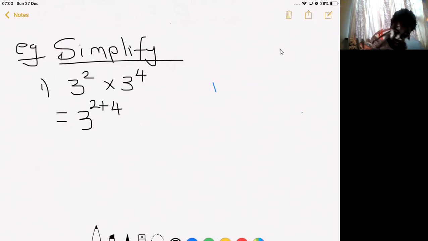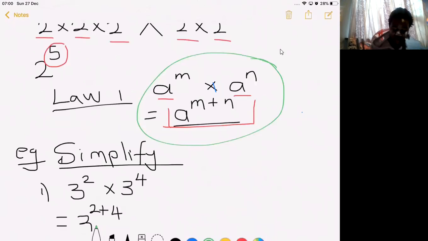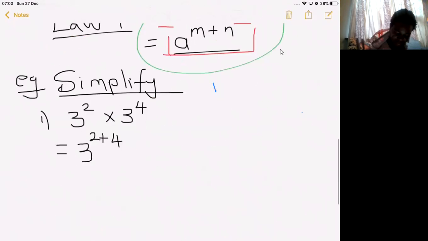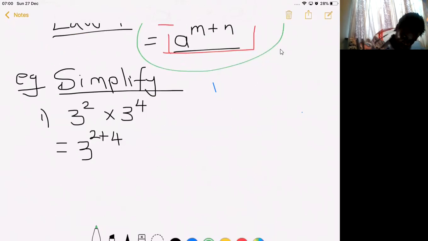The rule says if you are multiplying and the bases are the same, you keep the base and you add the exponents or the powers. That's what we did here, which is equal to 3 to the power of 6.